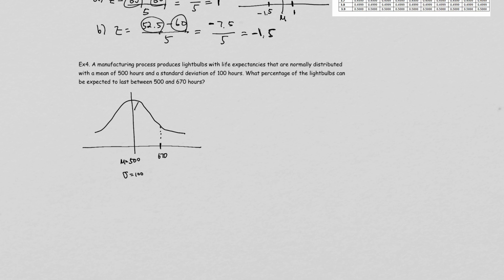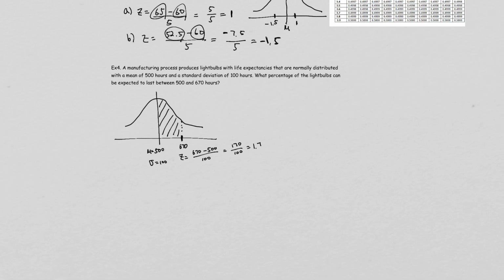Probability means we want to find the area. To find the area, we need to convert this 670 into a z-score so we can use the table, right? Your z-score is going to be the given value minus the mean, over the standard deviation. This gives you 170 over 100, and that's 1.7. So your z-score is 1.7.